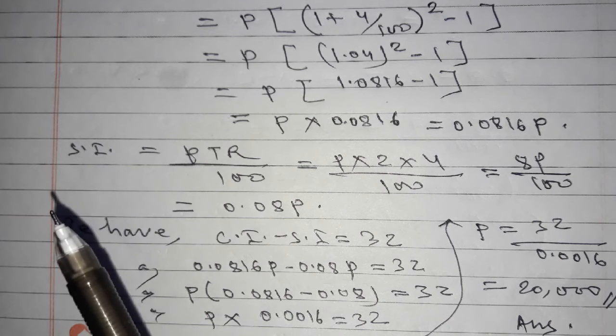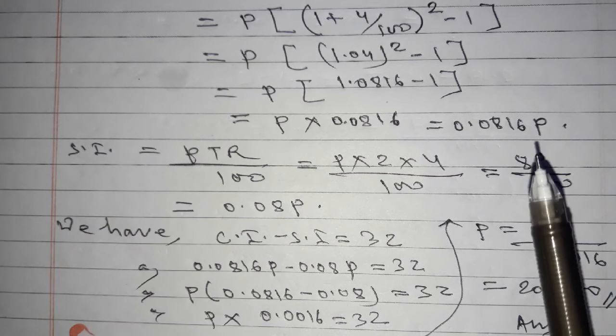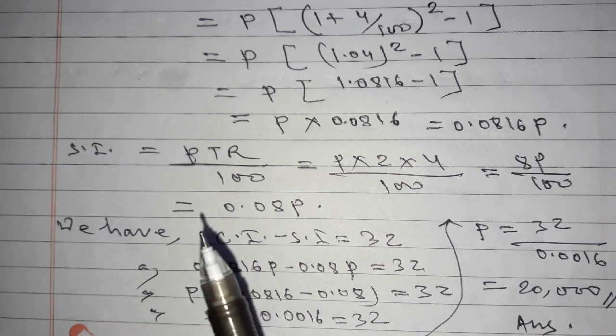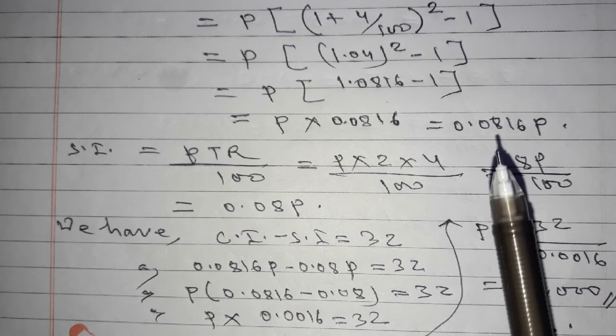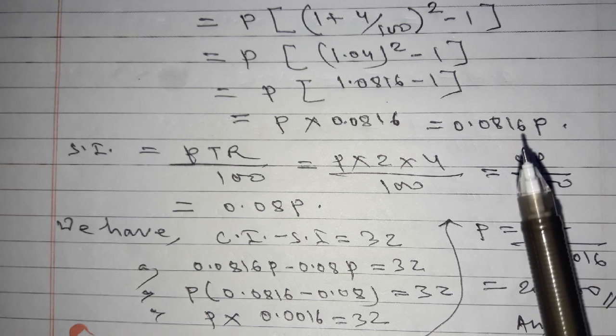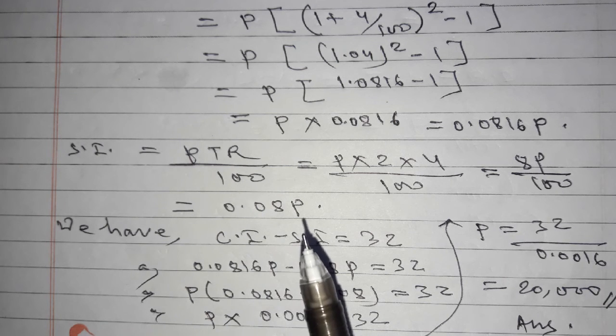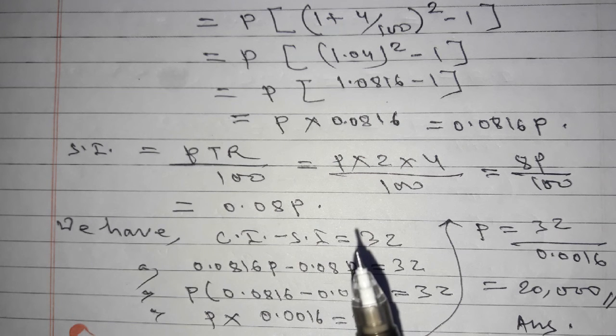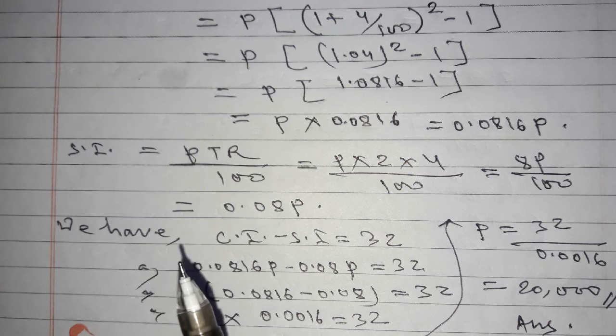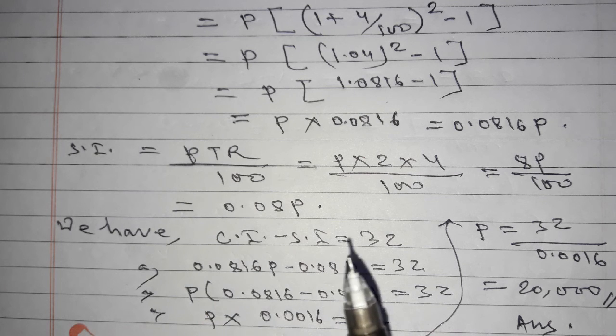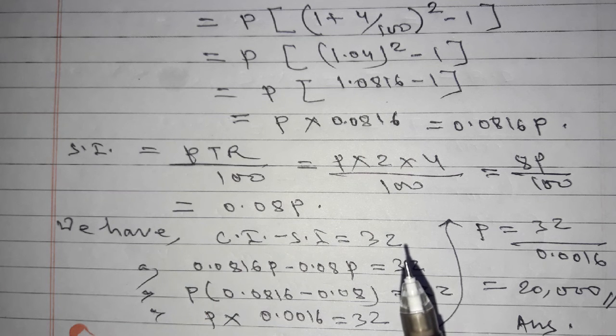The value of simple interest we have also got in terms of principal. Now the value of compound interest is 0.0816P and the value of simple interest is 0.08P. Both are in terms of principal. Now according to the question, the difference between compound interest and simple interest is equal to 32.